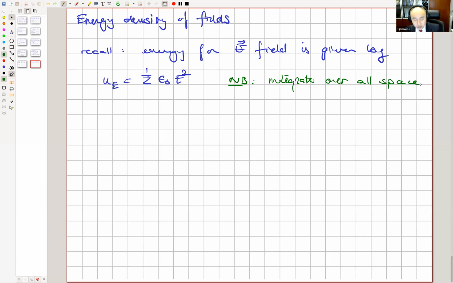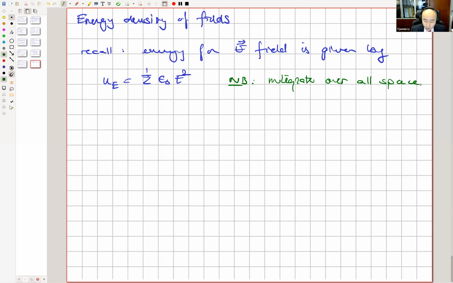Because in this derivation, we end up canceling a surface term, but only by assuming that we take the surface all the way out to infinity. So this energy density really only exists in the sense of this being the energy density throughout the entire space.